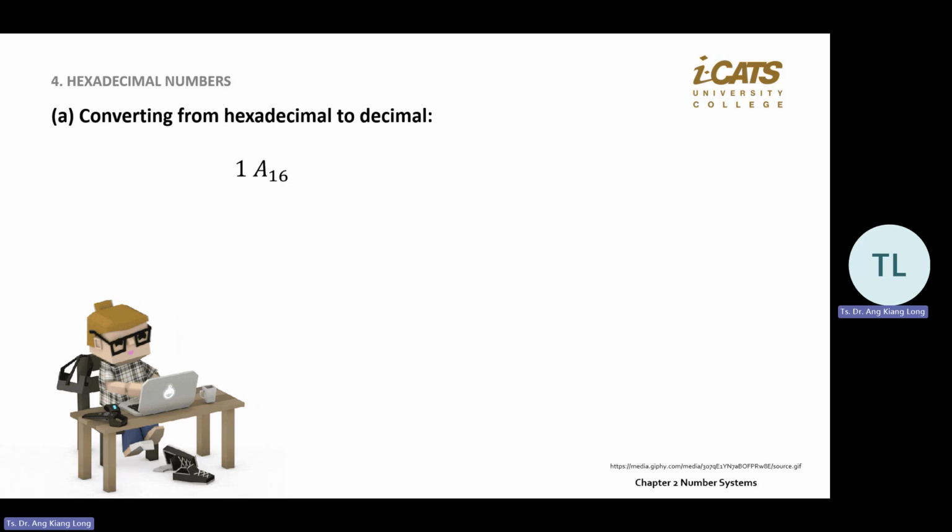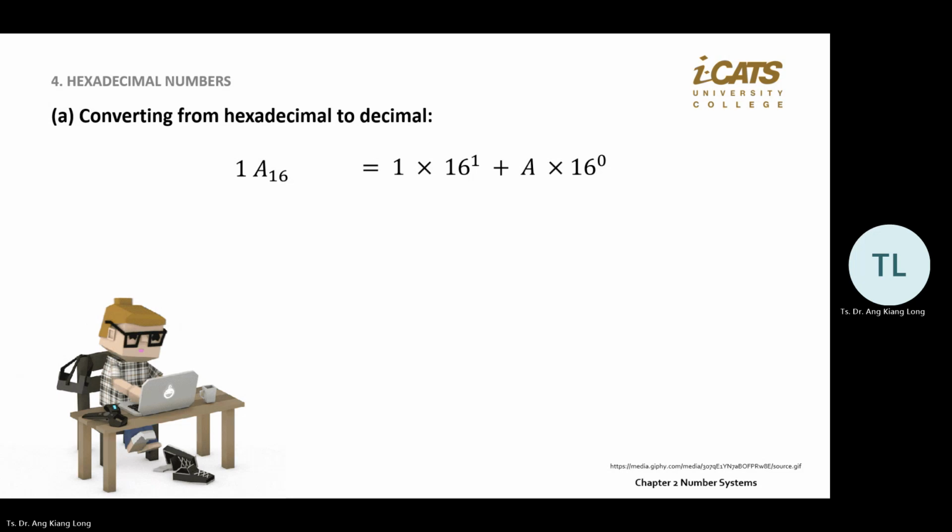So if you have 1A to a decimal number, based on the table, or you can calculate by hand. So the A means 16 power 0. The 1 is 16 power 1, because 0, 1. Okay, it has this meaning.